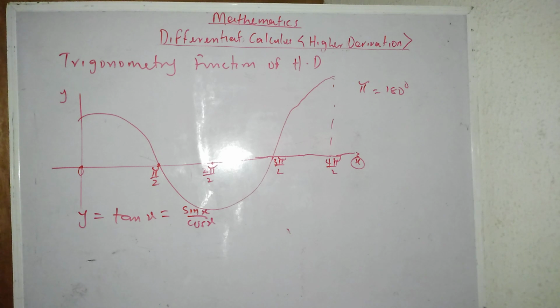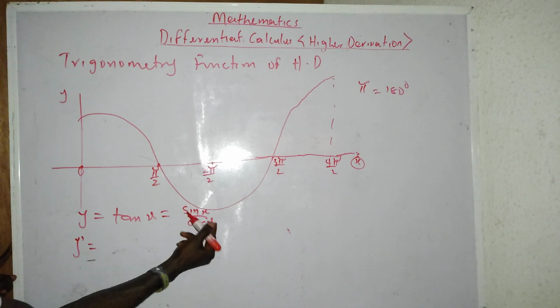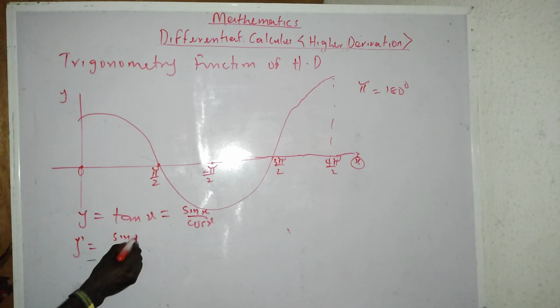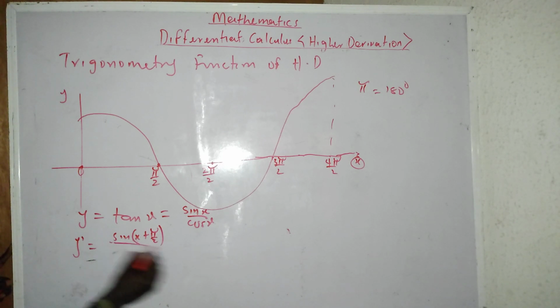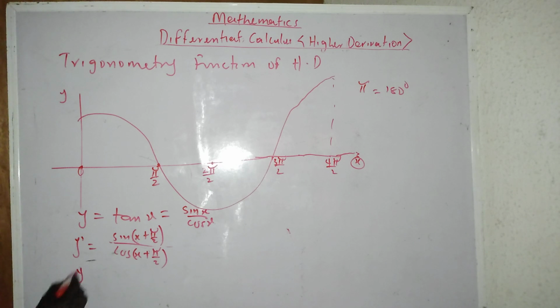Since I can write it as well, I can say that the first period of this, I can move on with this: sine (x + π/2) divided by cos (x + π/2), all over 2.